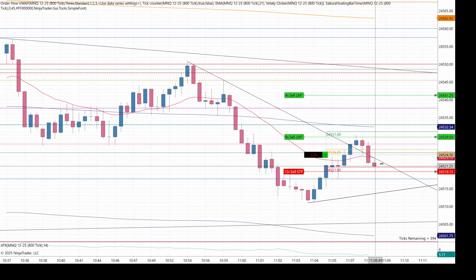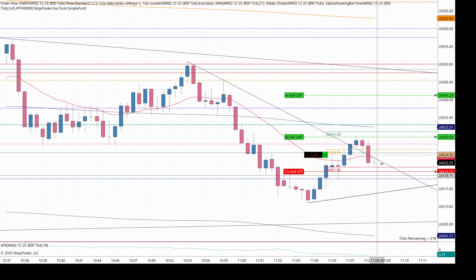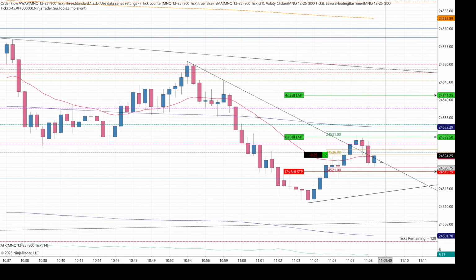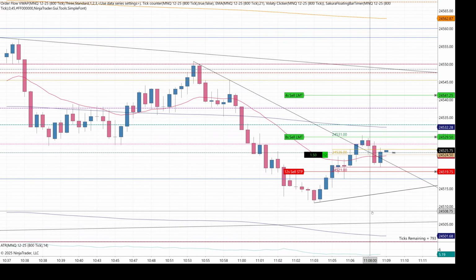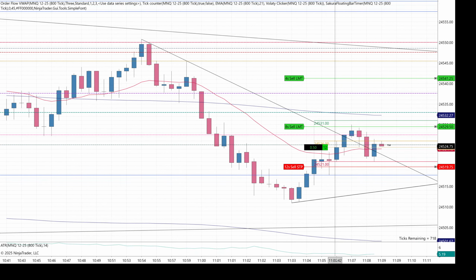I did add right here, but I think we're gonna get stopped out. Good news is it's a small candle, so. Yeah, I would like for the bears to come back up. Or the bulls, sorry. I want the bulls to come back up.